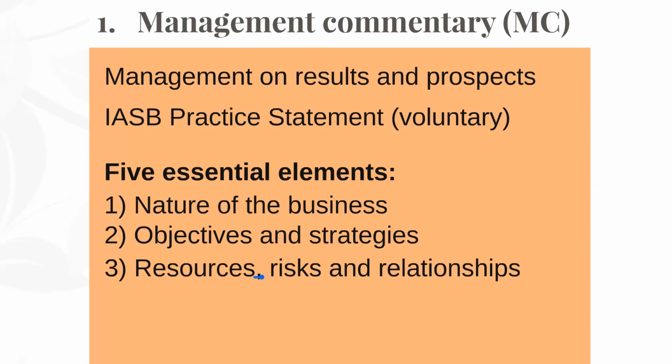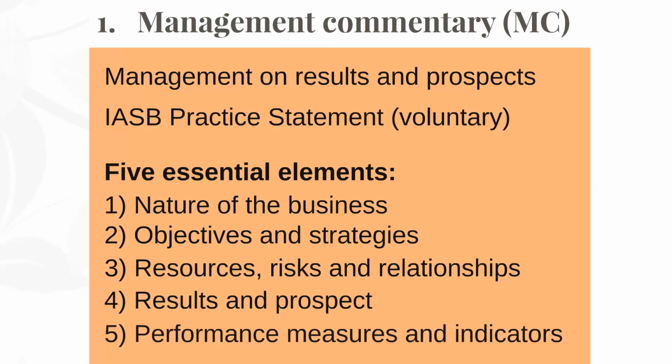But then we're also considering the range of risks that a business faces as part of achieving its objectives and pursuing its strategies and how it looks to deal with these. Fourth key area that requires disclosure in a management commentary relates to a business's results and prospects. So clearly here we're focusing first on how a business has done in most recent financial periods, and then we are looking for a commentary on how the business's prospects are expected to develop going forward based upon this.